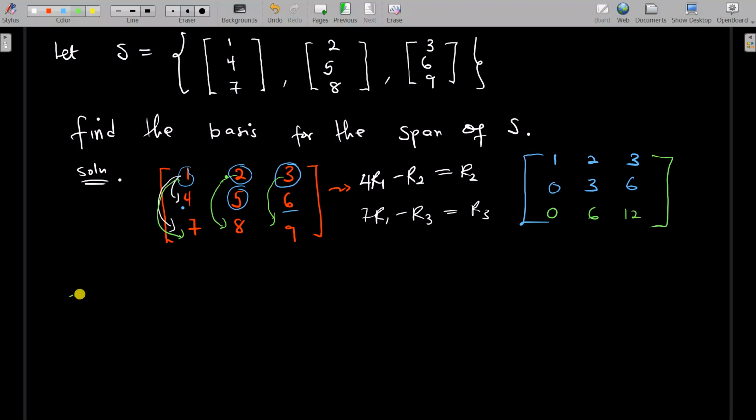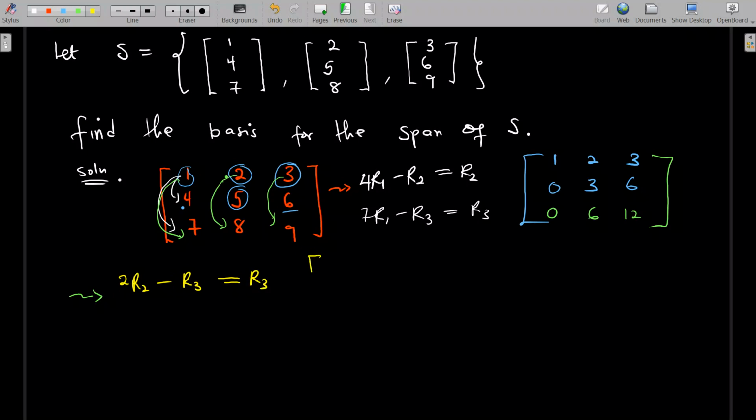Now I'm going to reduce this again to something else. I'm going to make sure everything beneath the next leading value is 0. So I come to the next leading value, that is 3, and beneath that I have 6. So I have to make sure that beneath 3 we have 0, right? And what you can do is 2 times row 2 minus row 3 should give me my new row 3.